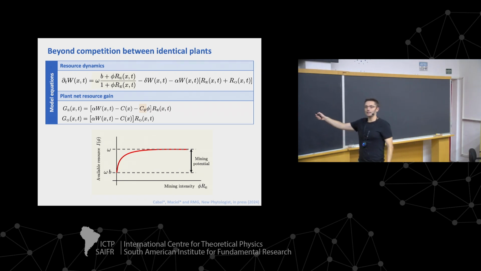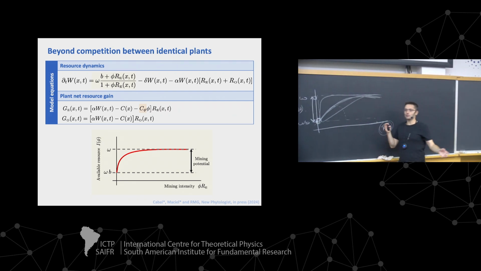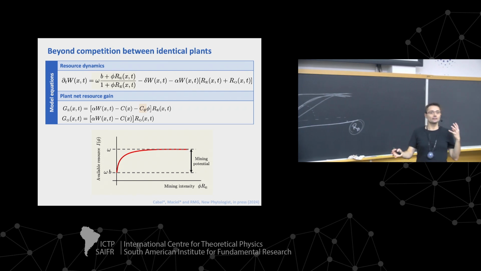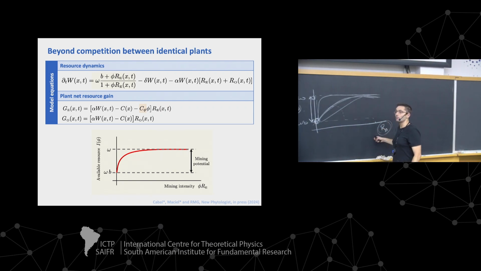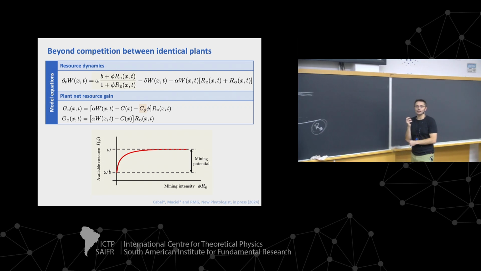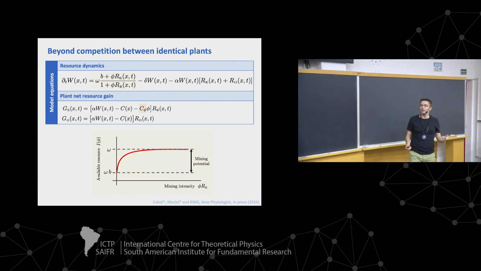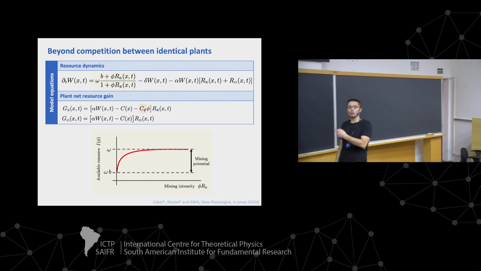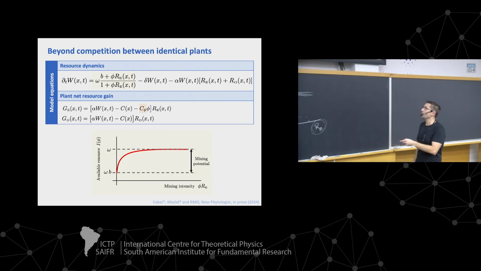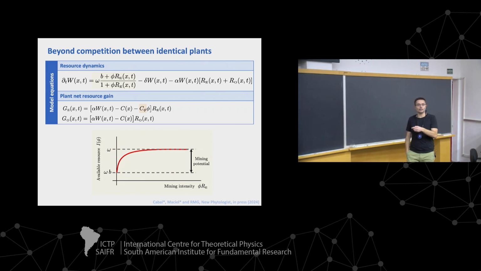So basically the idea here is that the plant needs to optimize the value of her phi, taking into account that putting a huge phi is going to give her a lot of resources very quickly with very few roots, but it's also going to carry a high cost for her. So there is a trade-off here between mining allocation and how much you can extract from the environment. That's why I'm going to use the B parameter here as the indicator of environmental quality, how good my environment is without roots, and I'm going to use phi as the mining trait that I'm going to optimize.